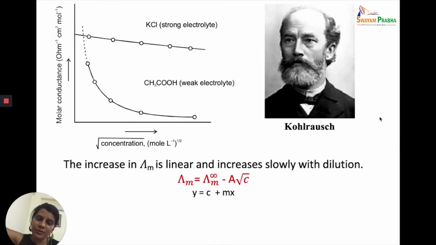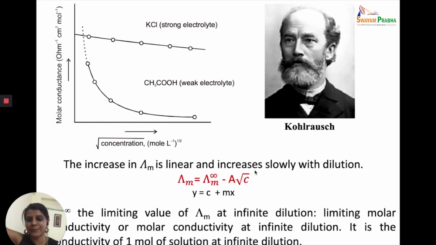So Kohlrausch, we've already said, gave this graph for both strong and weak electrolyte of lambda m versus root C. For the strong electrolyte, this was linear and increases slowly with dilution, and this was expressed in the form of lambda m is equal to lambda m infinity minus a root C, where lambda m infinity is the limiting value of lambda m at infinite dilution, also called limiting molar conductivity or molar conductivity at infinite dilution.